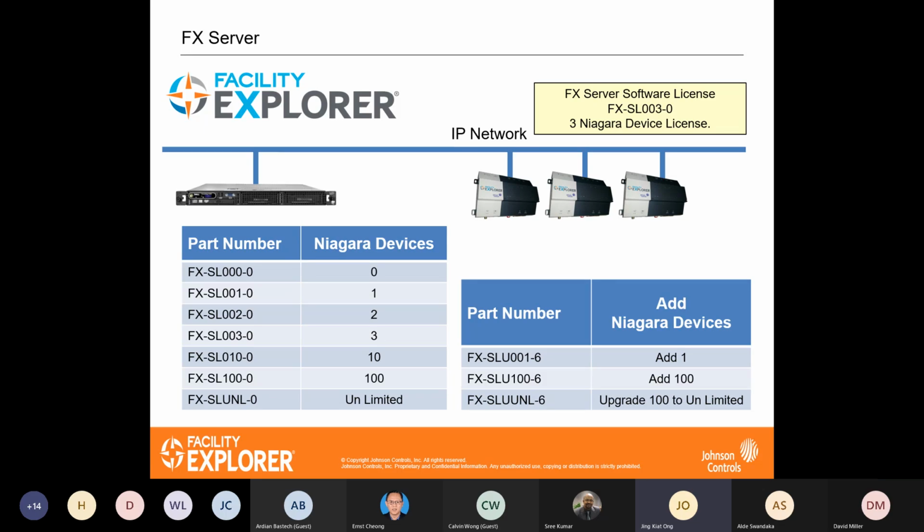But their problem is they can only connect to one, and the server itself counts as a Niagara connection. That doesn't sound correct. It may be that they defined their FX server as a device when they didn't need to. Probably. So what you're describing is not correct.